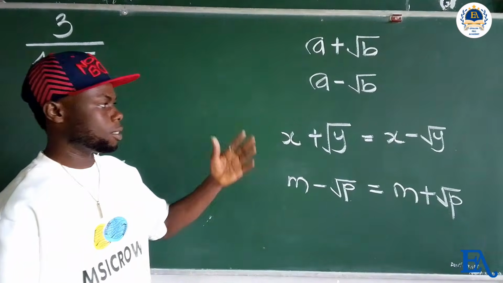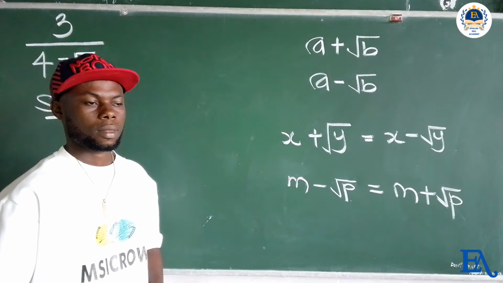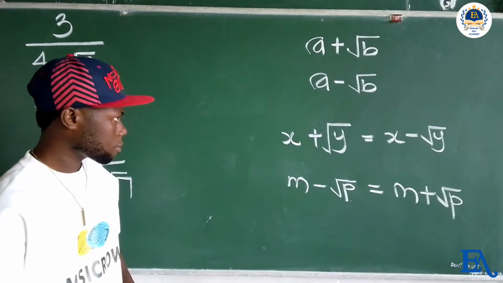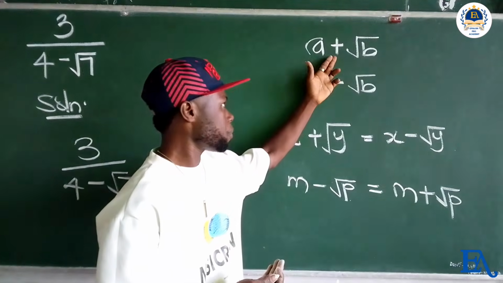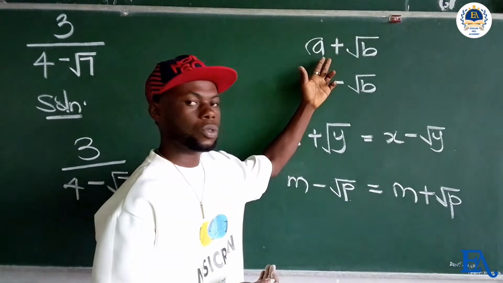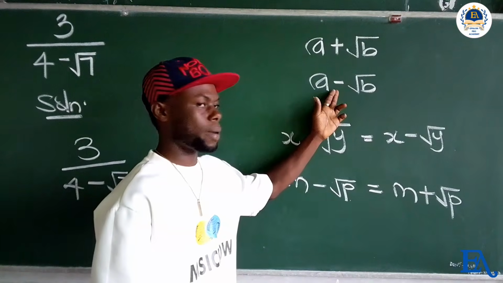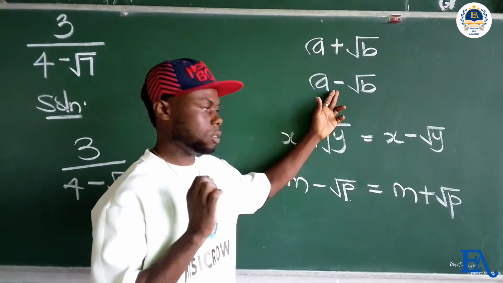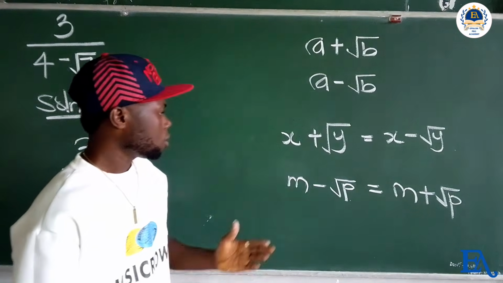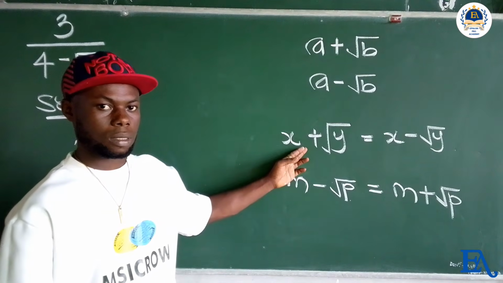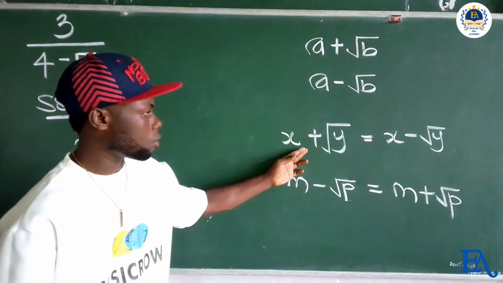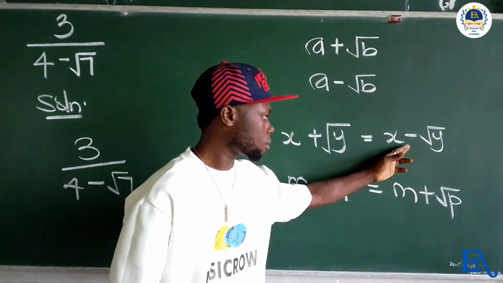What did you observe in these examples? The observation is that if there's a plus separating the two terms or the two numbers, the conjugate of it becomes just the minus. We change just the sign. When it is given as plus, its conjugate becomes minus.